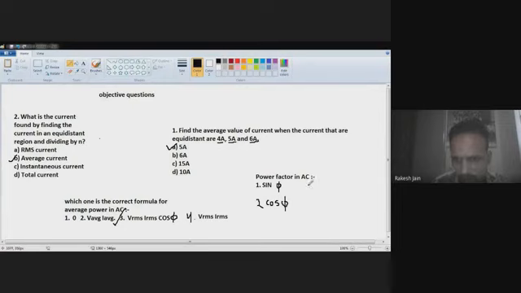Your third option is always 0. It is not necessary that it is always 0, because only inductive and capacitive circuits give 0. And the fourth one is tan phi. So with the help of today's lecture, I think you understand that the power factor in the AC circuit is equal to cos phi.